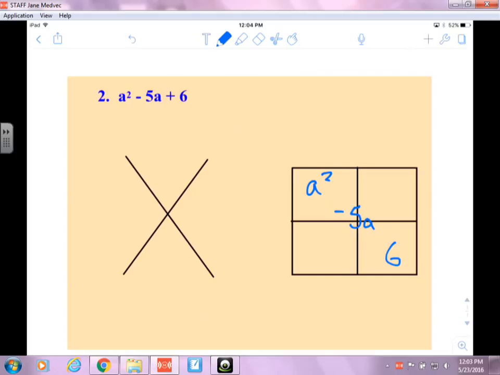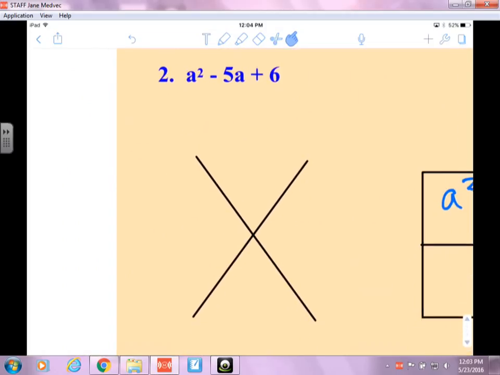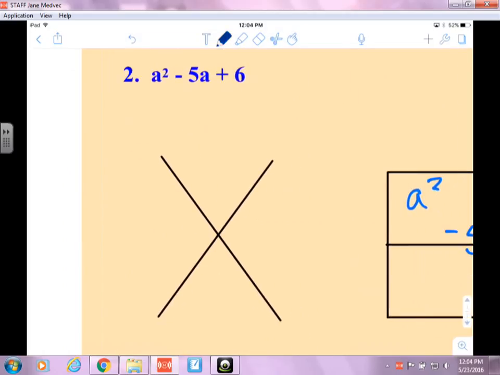Okay? So now what I'm going to do is I'm going to take a look at my x. Okay? And I'm going to multiply the 1 and the 6. So I get 6 up above in my x. And underneath I'm going to put what? I'm going to put -5 because my b term is -5.